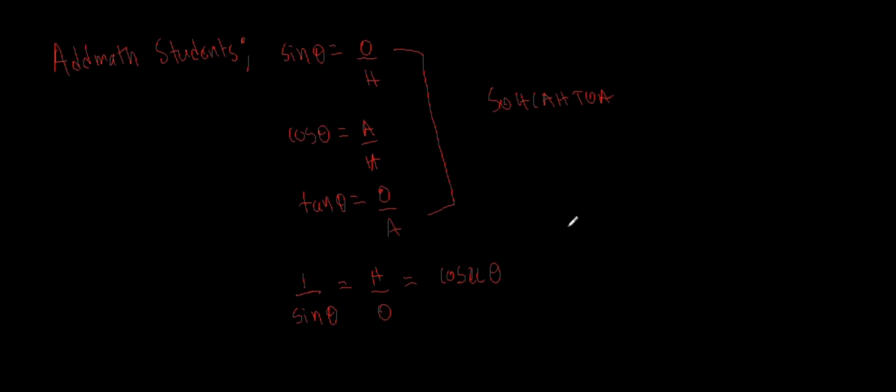Now we have 1 on cos theta, which is hypotenuse all over adjacent. We call this sec theta. This is the shortened pronunciation. It's actually secant. Here's cosecant.